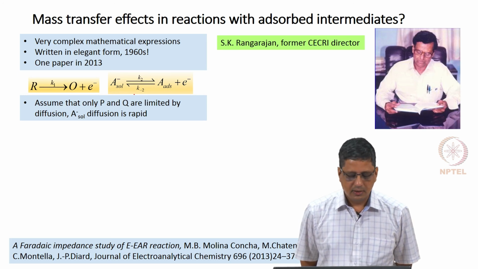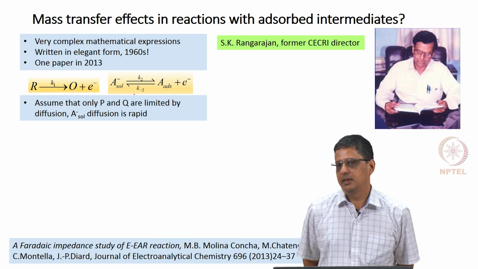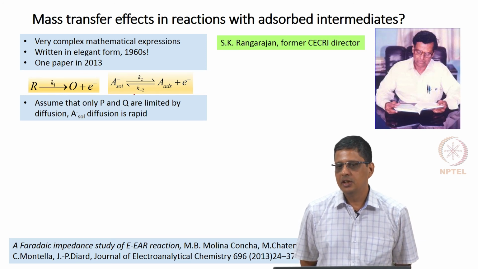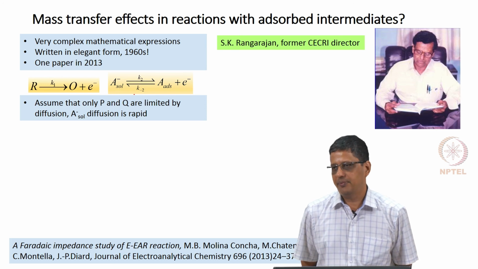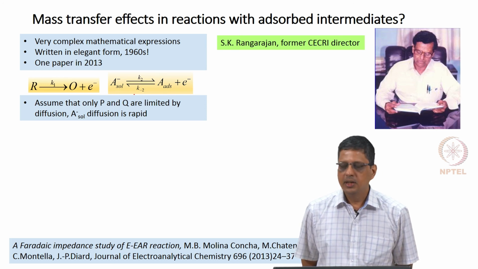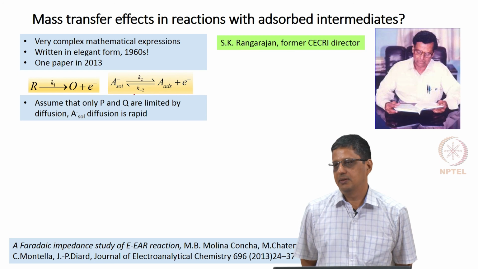Okay. In the 1960s, S.K. Rangarajan, a former director of CECRI, derived some expressions for small amplitude and large amplitude conditions for the general case, not for one reaction. He was actually a BSc mathematics person.